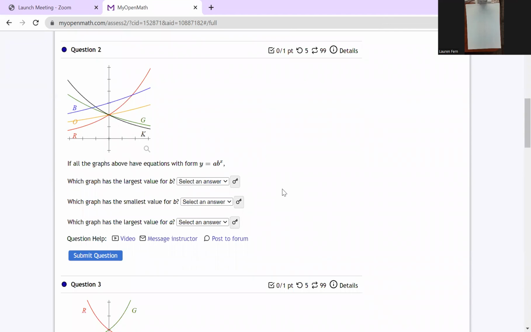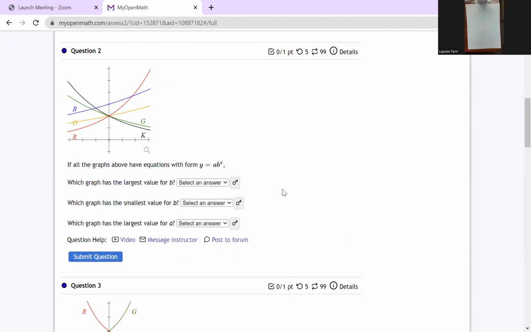Question number 2, here what they want to know is if these have the form a times b to the x, which graph has the largest value for B? Well, wouldn't that be the one growing the fastest? Smallest value for B, isn't that the one decaying the most? And largest value for A, how do you determine that?